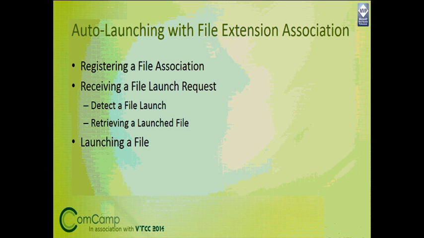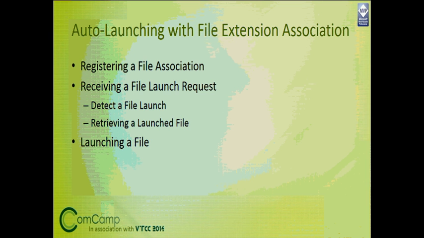So auto launching with file extension association can be done with a few simple steps. The first and foremost step is to register the file association. You should define all the necessary file types for your application, and we need to define this in the Windows Phone app's WMAppManifest.xml file.